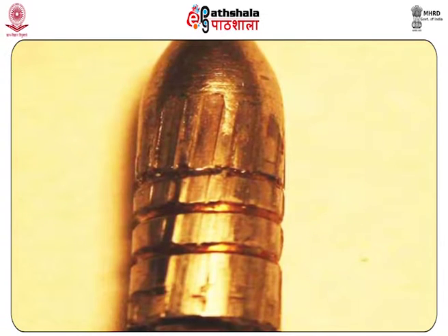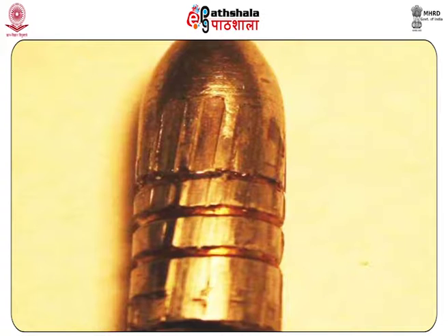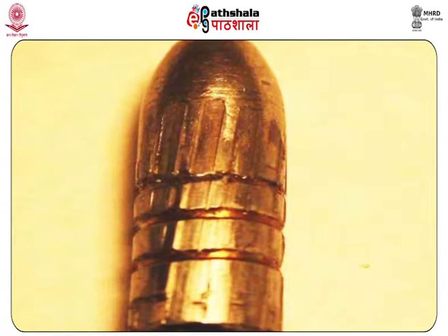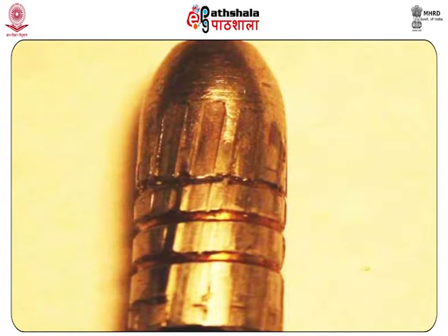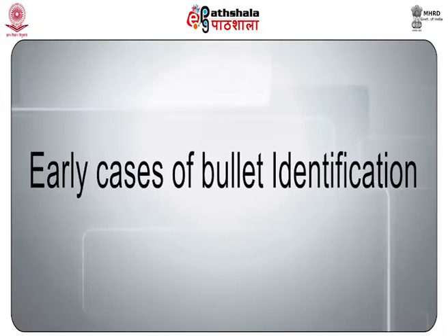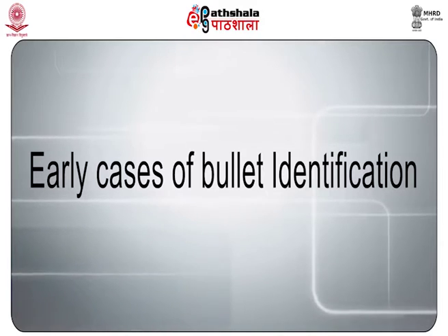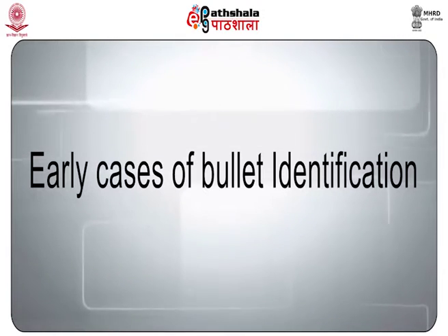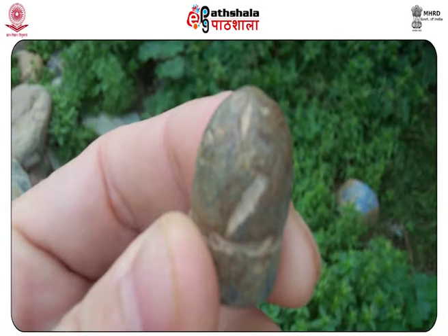Now, striae are the parallel impressed lines, also known as striation marks, which are unique to the weapon from which they were fired. Let us have a look at early cases of bullet identification.